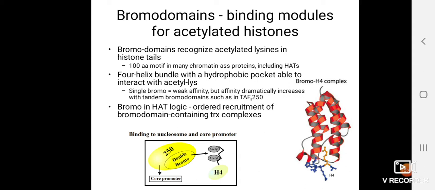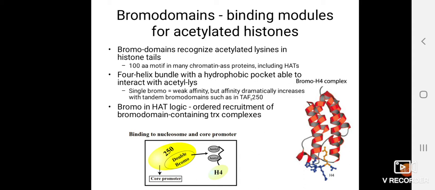It's a motif seen in many proteins that have the capacity to interact with DNA or are involved in modifying nucleosomal structures, including the HATs. It is a four helix bundle with a hydrophobic pocket able to interact with the acetylated lysine.